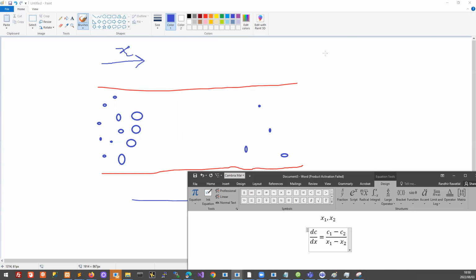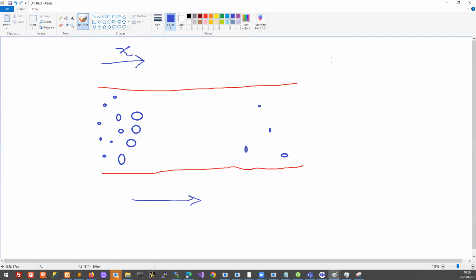And so when we define our diffusion flux, we write it as JD is equal to minus the diffusion coefficient D dc dx. So the minus doesn't have anything to do with the diffusion coefficient. It has to do with the gradient. Our diffusion is always against the diffusion gradient.